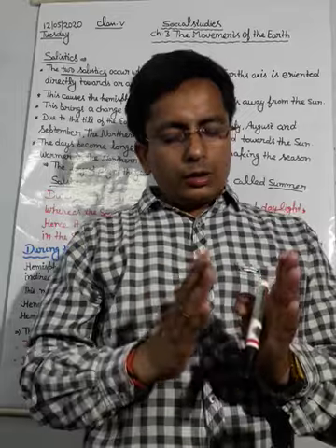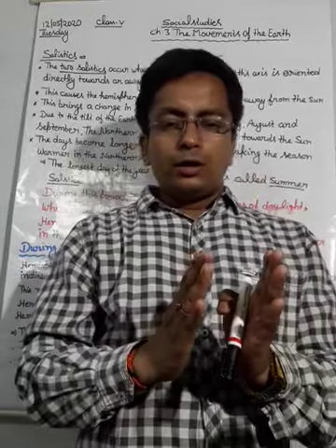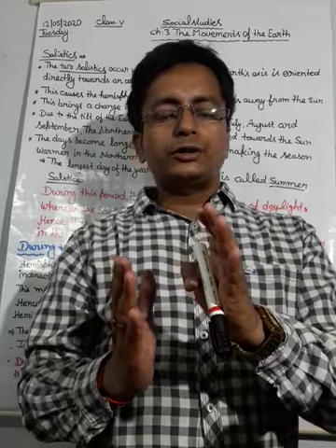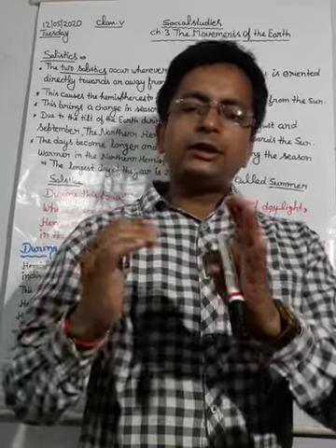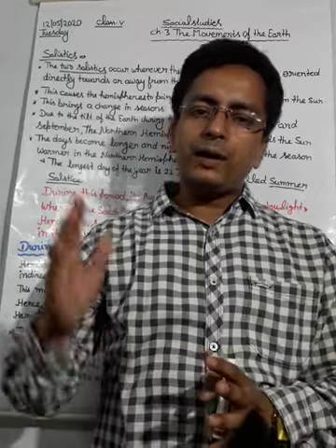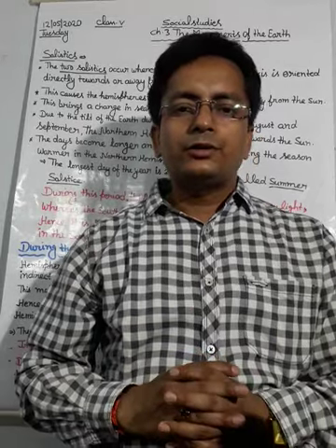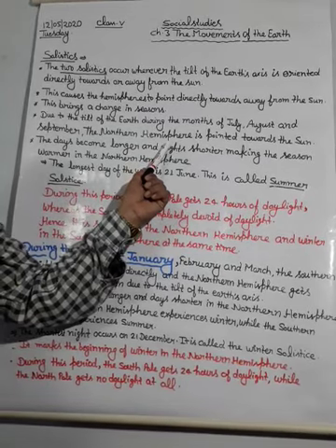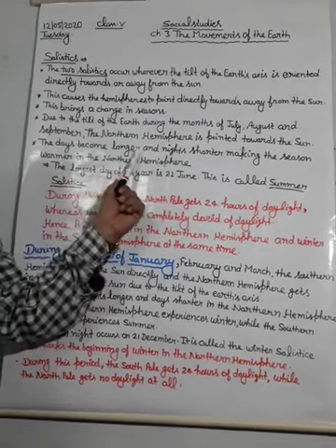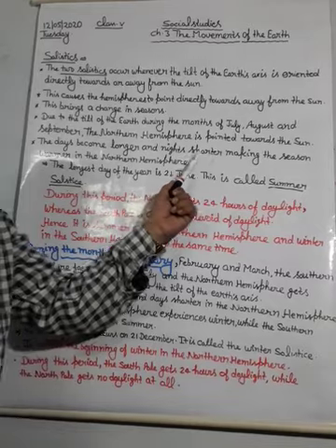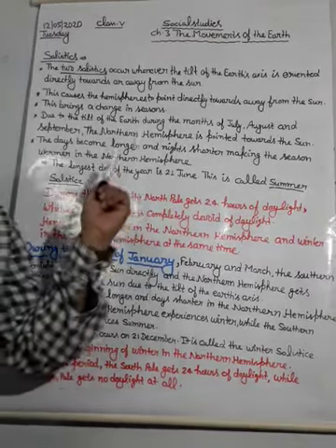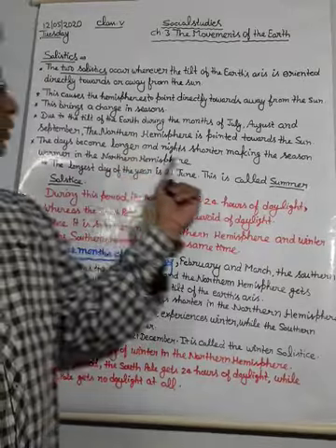So in these months, the northern hemisphere is tilted towards the sun and gets direct heat, direct, parallel sunlight, and because of this the days become longer and nights shorter, making the season warmer in the northern hemisphere. Yes, student?